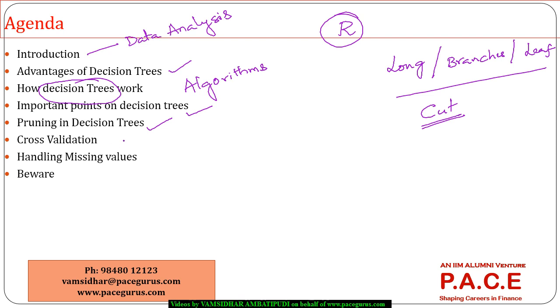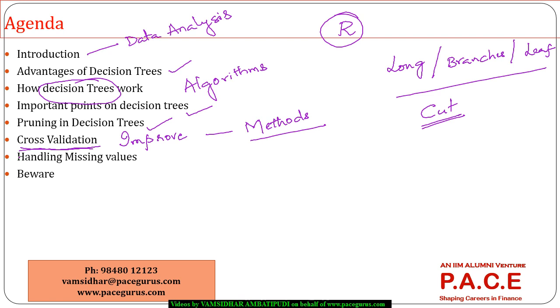Then, for the improvisation purposes, we use some procedures called cross validation. We will be discussing about that, very heavily used in the decision tree mechanism. Cross validation. There are again a couple of methods of doing this cross validation.